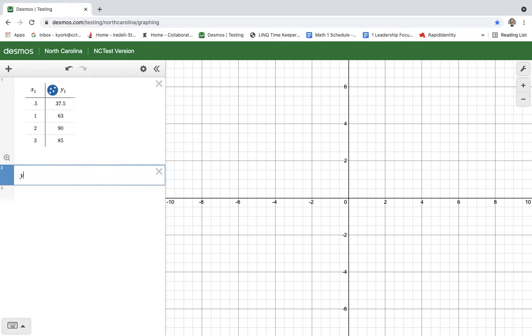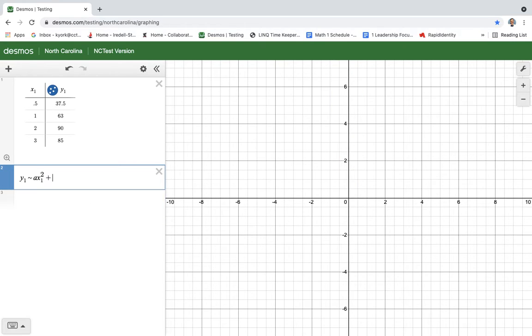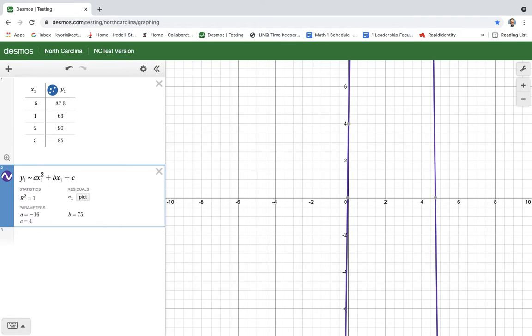So that is y sub 1 tilde. Since this is quadratic, this is going to be a x sub 1 squared plus b x sub 1 plus c. So we have an a value of -16, a b value of 75, and a c value of 4.